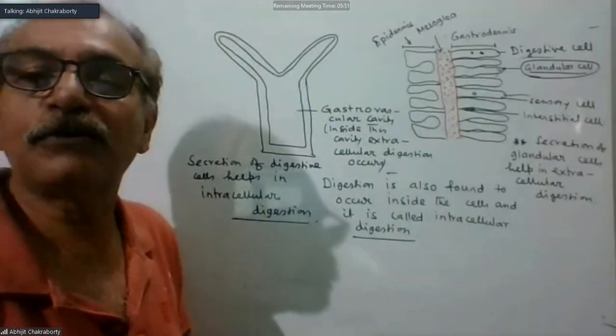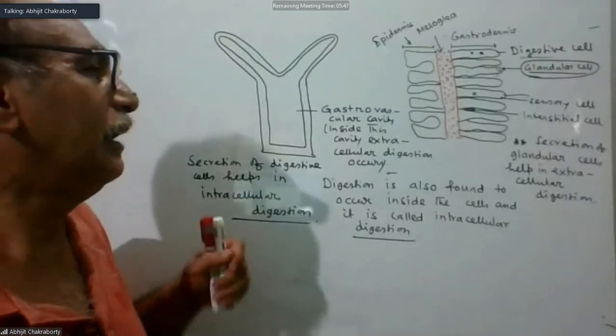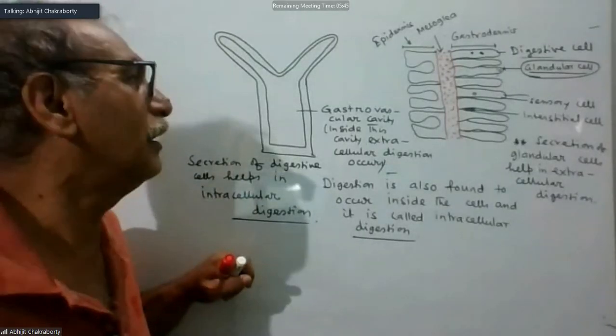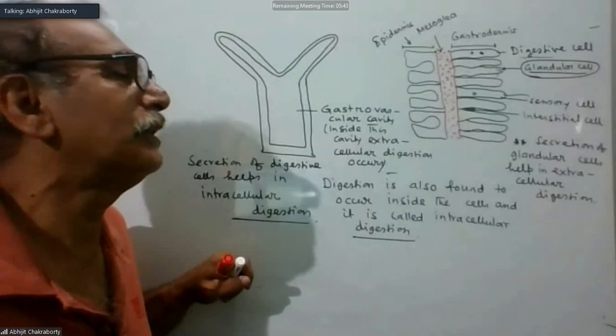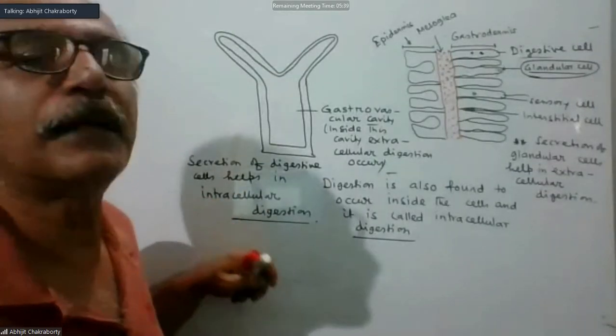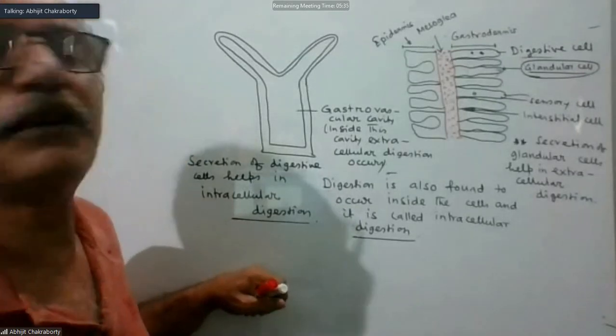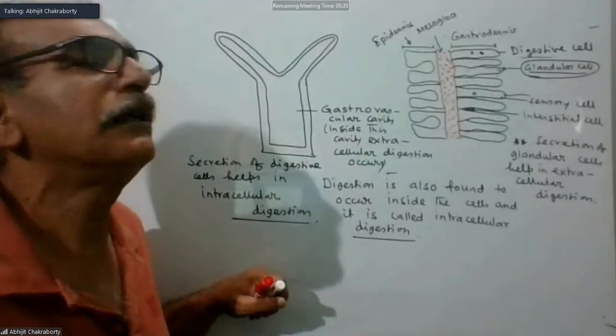So digestion is of two types. One is extracellular, other is intracellular. And both are found to occur inside the members of this phylum. For extracellular digestion, enzyme comes from the glandular cells, and for intracellular digestion, enzymes come from digestive cells.